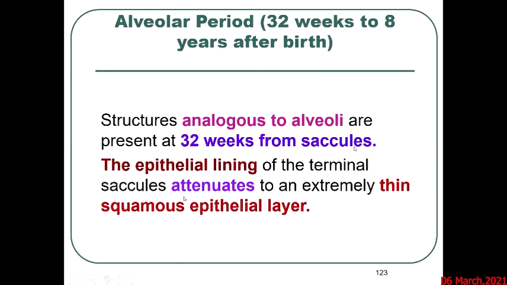The epithelial lining of the terminal saccules attenuates to an extremely thin squamous epithelium. That means the epithelial lining keeps getting thinner. So structures analogous to alveoli, which we call saccules, are present at 32 weeks, but the epithelial lining will become thinner, with attenuation later on.